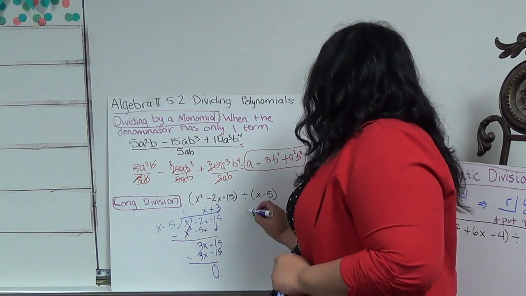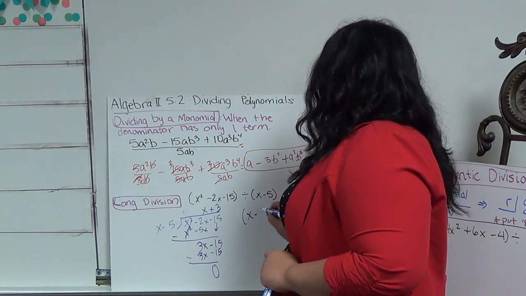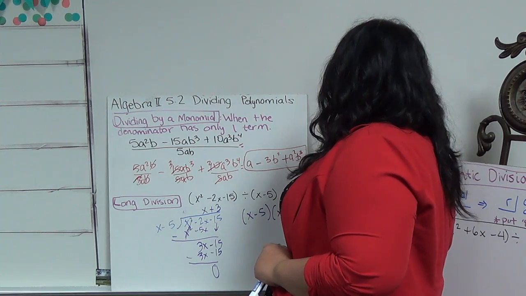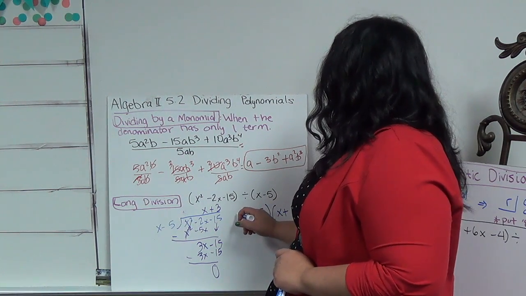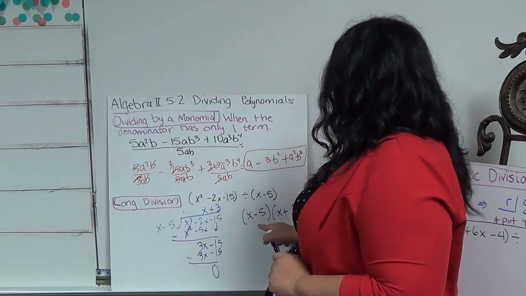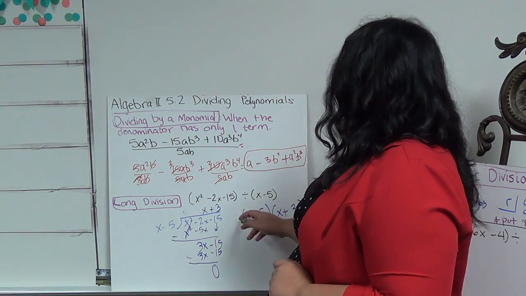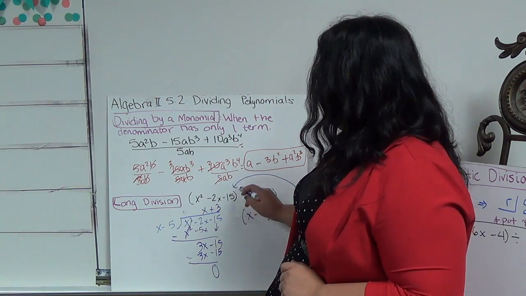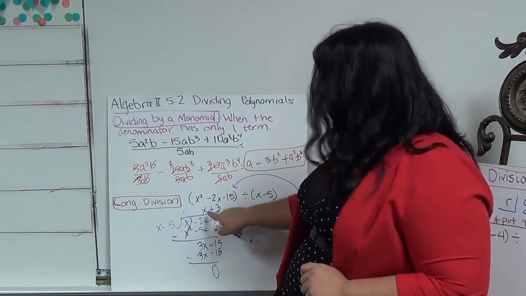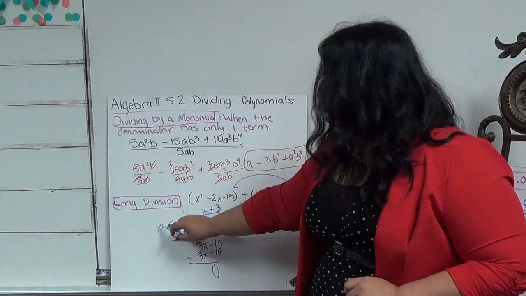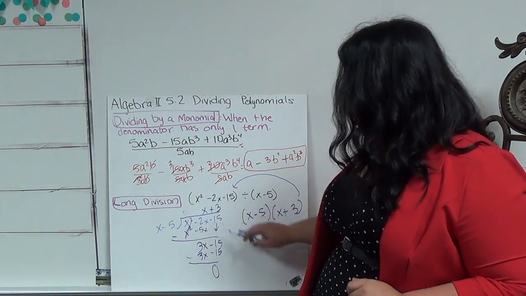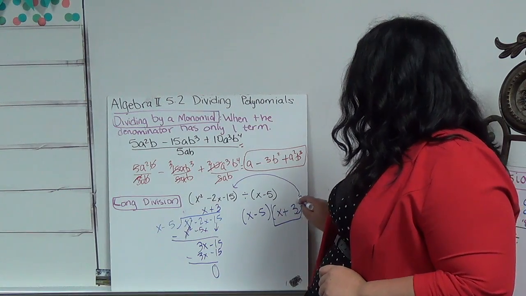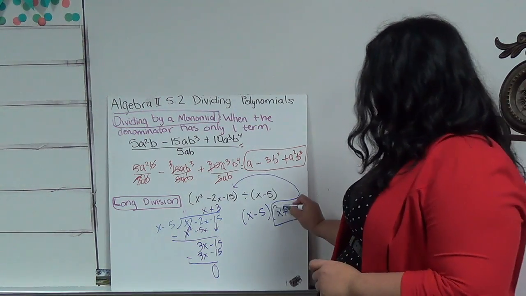So if I multiply x minus 5 by x plus 3, it should give me my original. When you're on the test and trying to check, take your answer and multiply it with what you divided by, and it should get you what's on the inside. So this divided by x minus 5 gives me x plus 3.